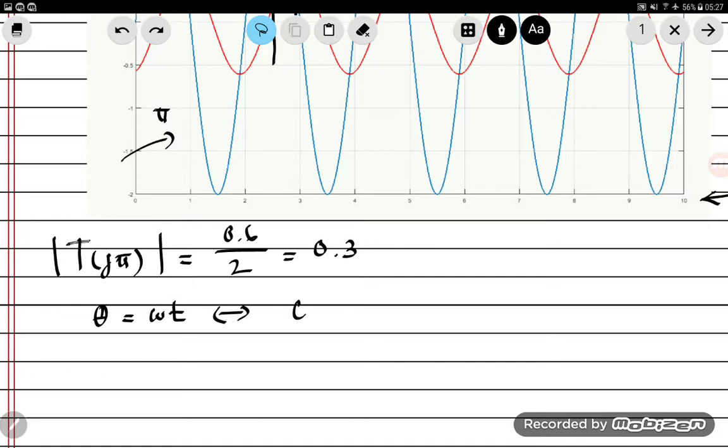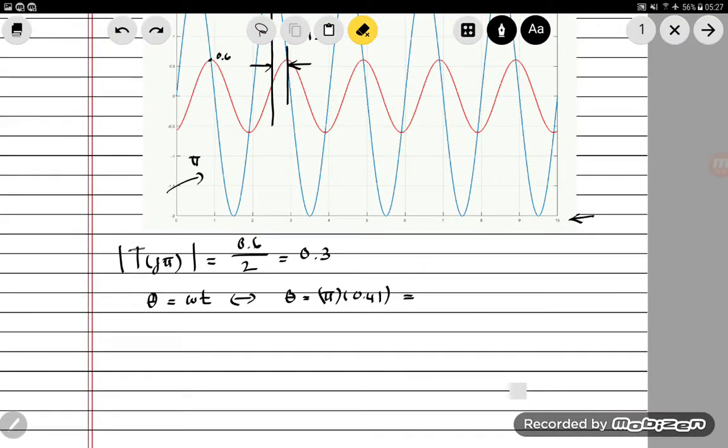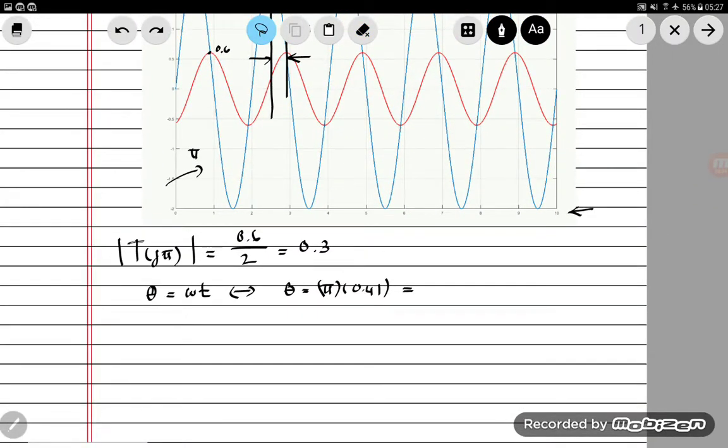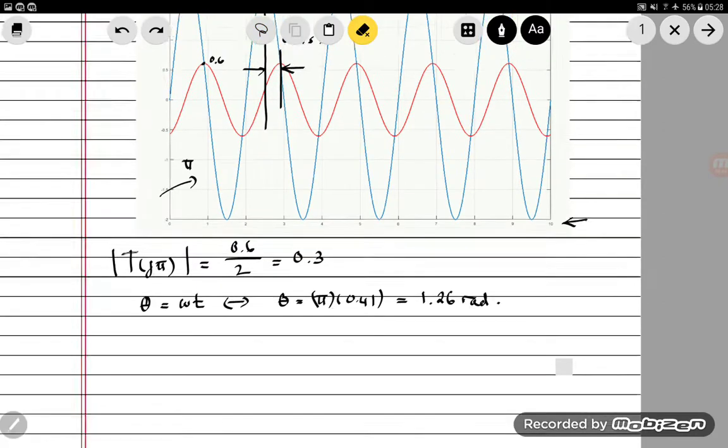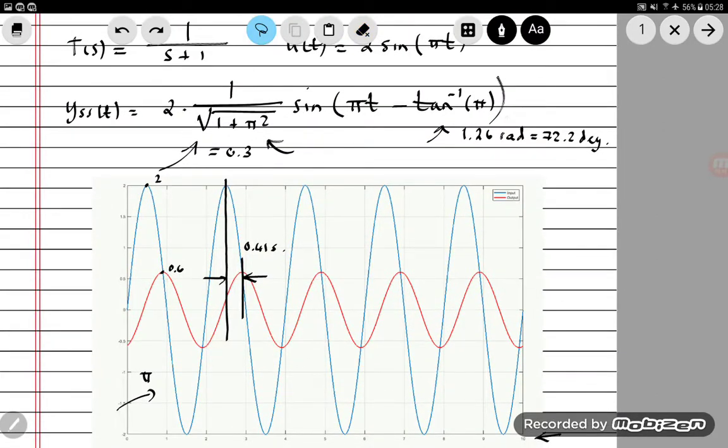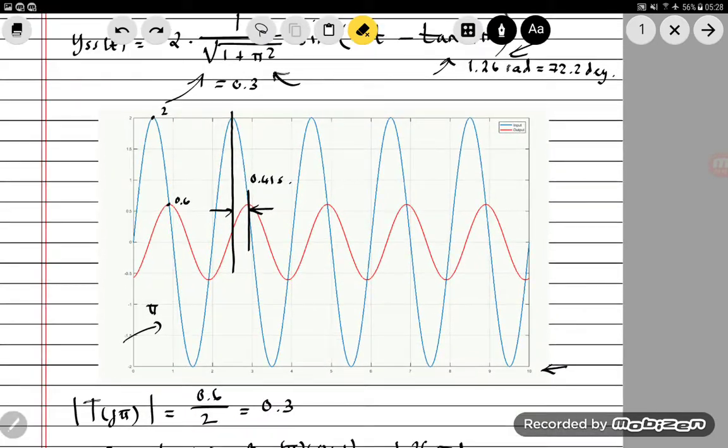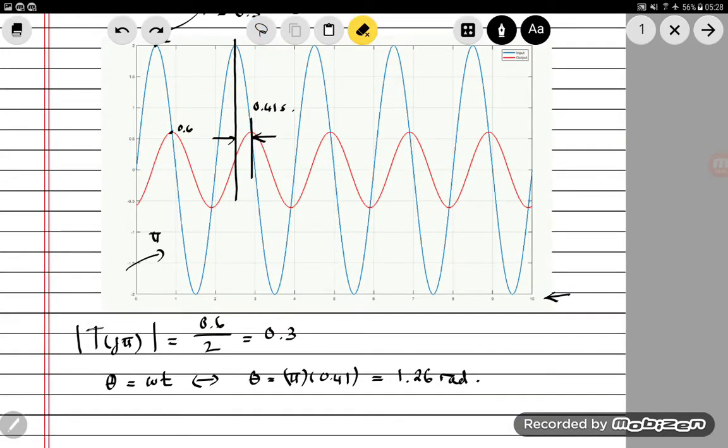So the omega is our operating frequency and the time difference is 0.41. If we work that out, we should get about 1.26 radians, and that's exactly what we worked out with the maths.